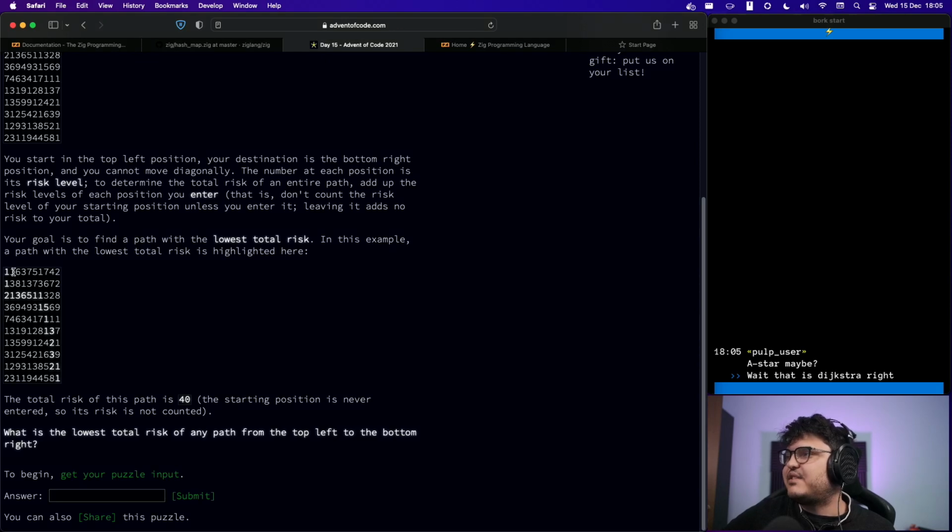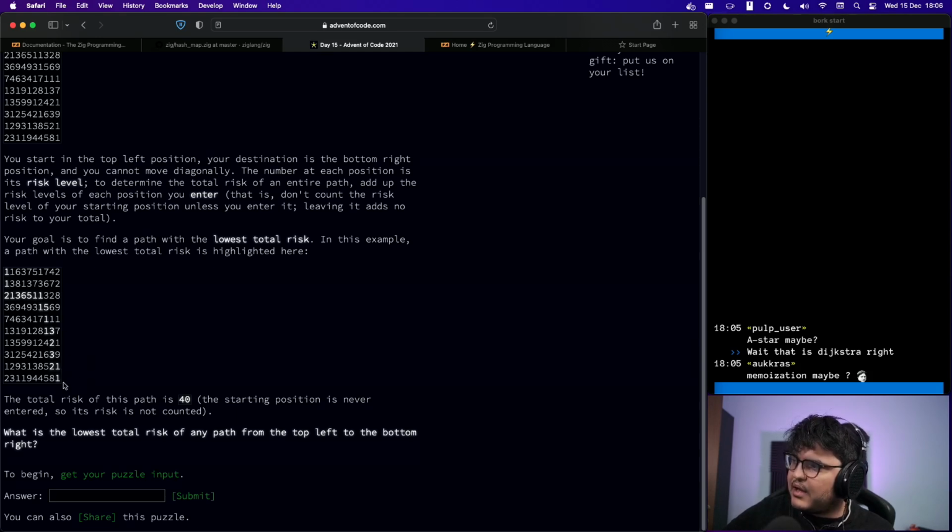But isn't A-star and Dijkstra the same thing? Like, I think that the only difference, if I don't misremember, between A-star and Dijkstra is that in A-star you have something that tells you an approximation of what's to come, like of the rest of the path, and that's something that you add into the mix. But unless you have a good heuristic, you basically have Dijkstra.